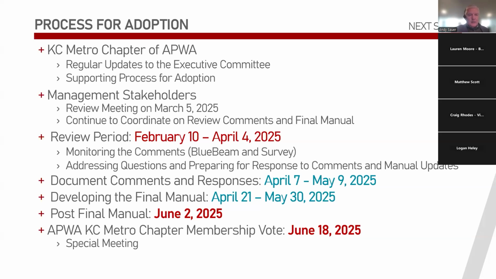And right now, looking at a potential special KC Metro chapter membership meeting for a vote. Right now, just proposing April 18th, but obviously that date can change. So just wanted to let everybody know kind of that current schedule. Like I said, it could change, so stay posted on that, but that's the intent right now.